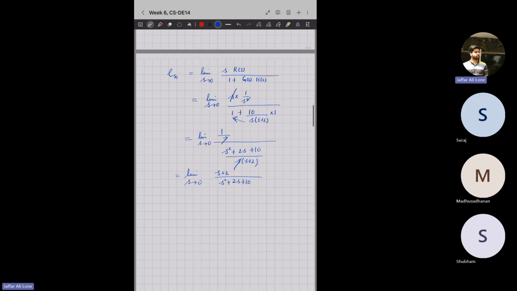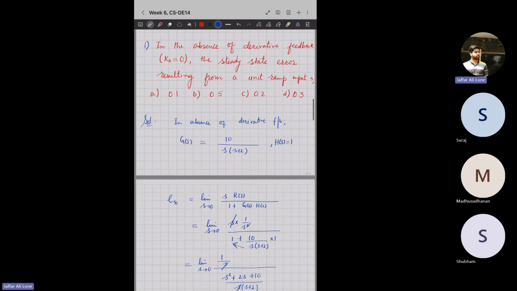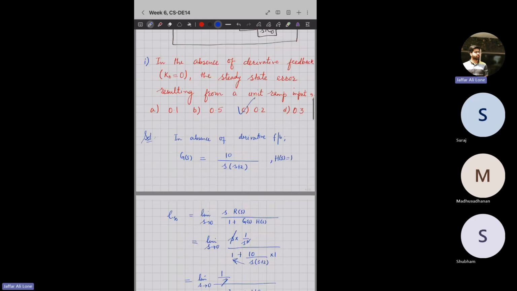Just put in the limit, you get 2 divided by 10. ESS is equal to 2 divided by 10, so 1 by 5, which is equal to 0.2. Okay, so any doubt here? If we see the options, then option C is the correct answer, 0.2. The steady state error is 0.2.